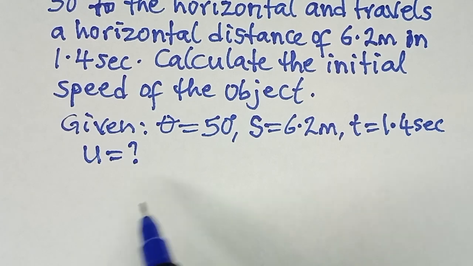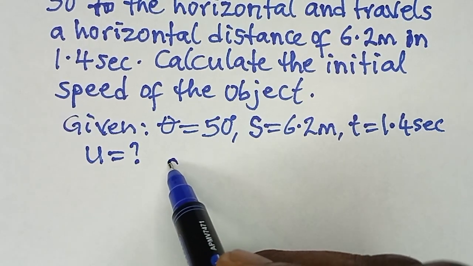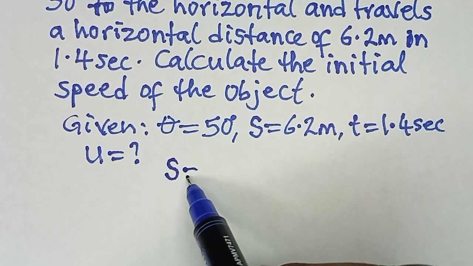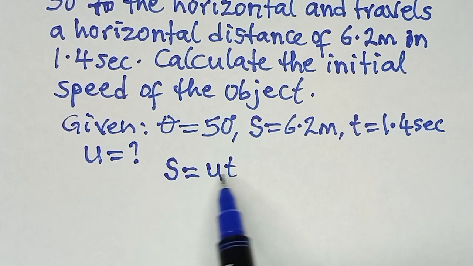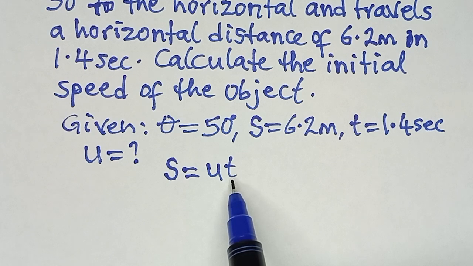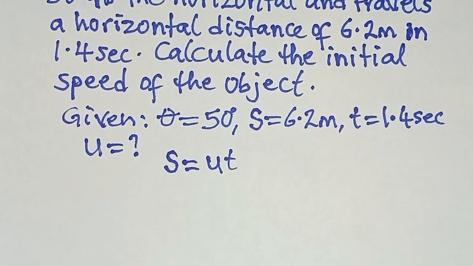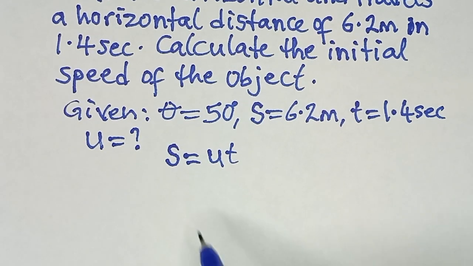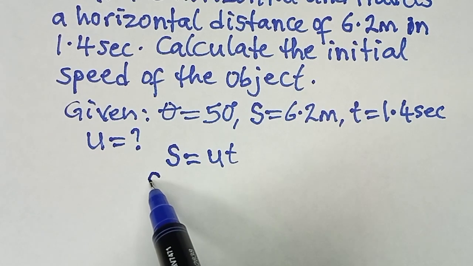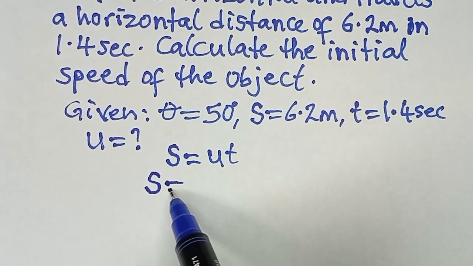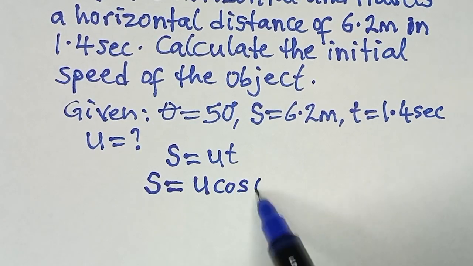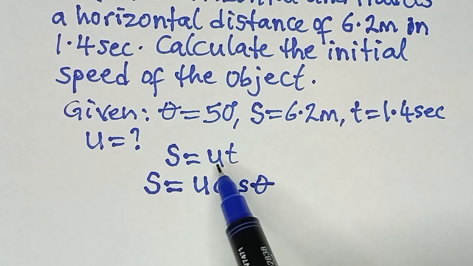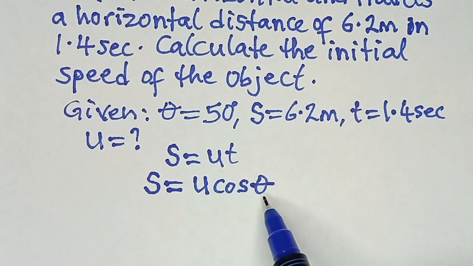When a body is thrown horizontally, the formula to find the horizontal distance is S is equal to UT. So for an object that is thrown horizontally, this is the formula to find the distance traveled horizontally. Now, if an object is thrown at a particular angle to the horizontal, in that case, you modify this formula and write S is equal to U cos theta times T. Because in this case, the component of the initial velocity will be U cos theta.